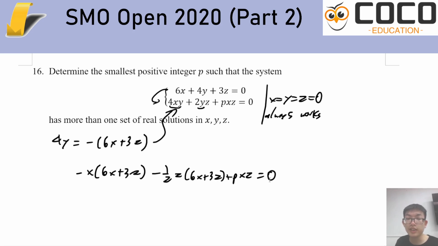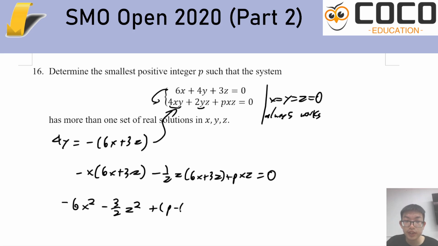Now this is already just a quadratic in x and z. So that's good, I think. So minus 6x squared, minus 3 half z squared. I've got minus 3zx, minus 3zx, plus p.